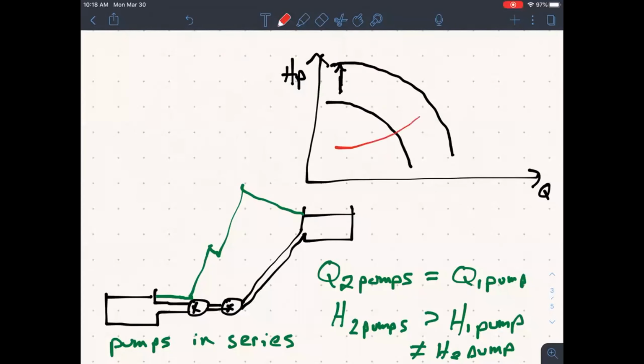So here's our system curve. And if this was our Q under one pump, this is our Q under two pumps. Oh, wait.